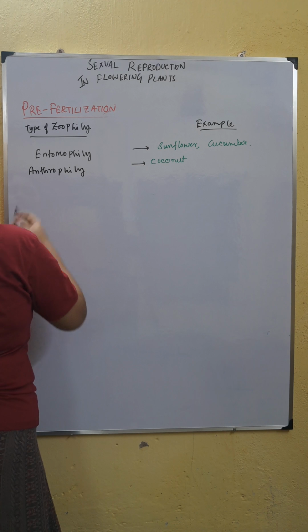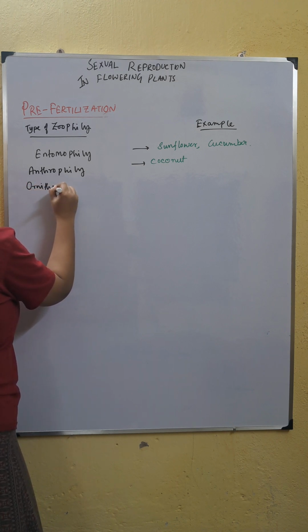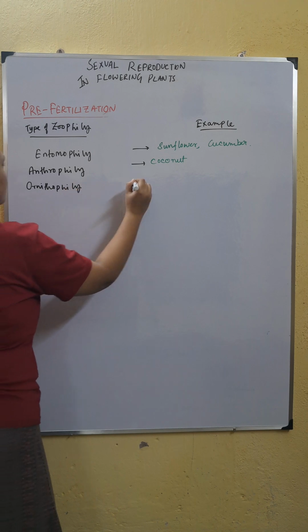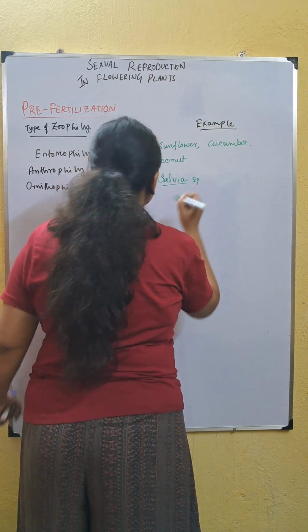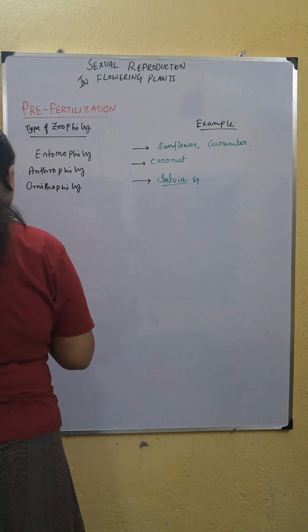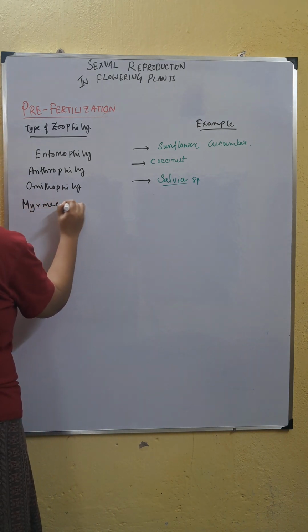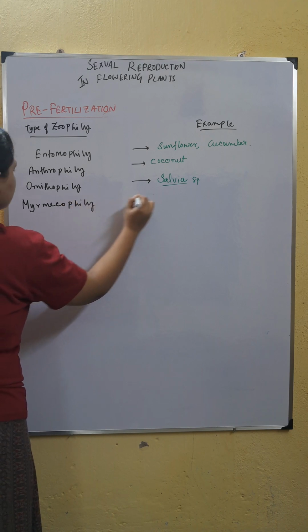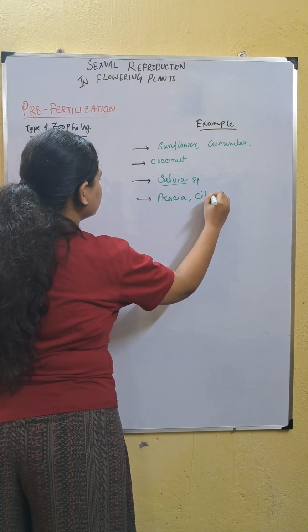Next is ornithophily. Next, myrmecophily, that is pollination by ants, and it is seen in citrus.